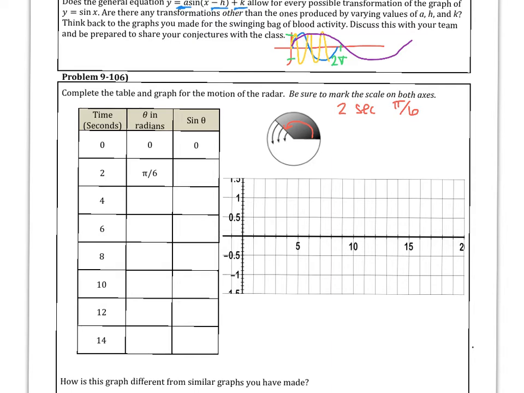Then let's think about the table and graph she's making. So the input is time. So we would have time up here we see on this table right here. The output is the distance from the end of the radar line to the horizontal axis. The end of the radar line is right here. The horizontal axis is straight down. We know that that vertical distance to the horizontal axis is the sine function.